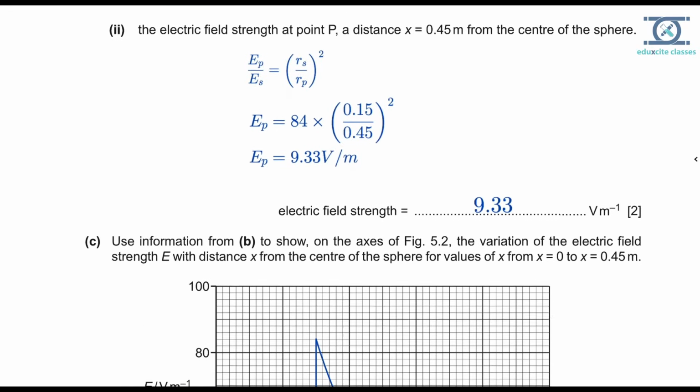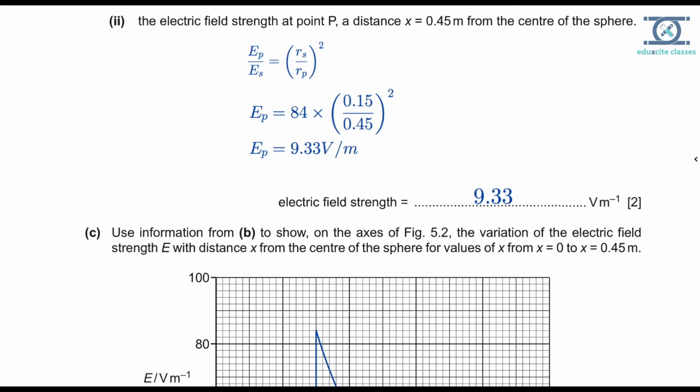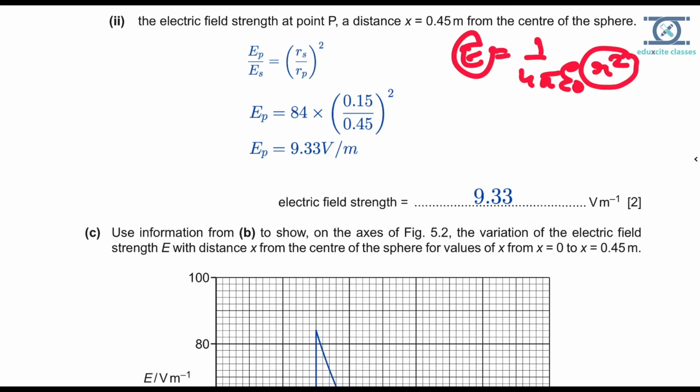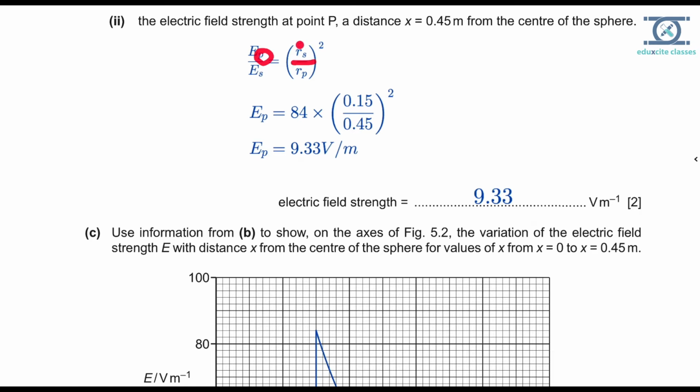Now the second part: the electric field strength at a point P at a distance x equals 0.45 meter from the center of the sphere. So we know that the electric field is 1 upon 4 pi epsilon naught R square. So we can consider a point P. We can say E is inversely proportional to 1 upon R square. So at point P it will be 1 upon RP, and we have taken the ratio so that 4 pi epsilon naught gets cancelled out.